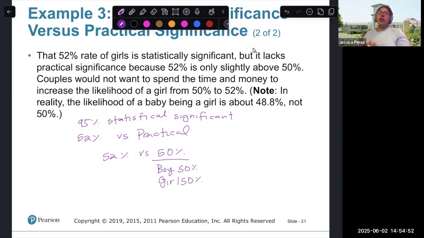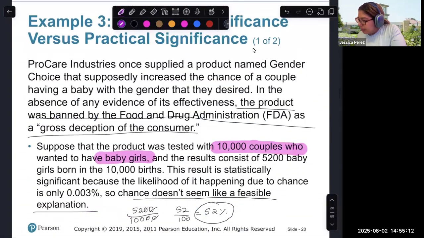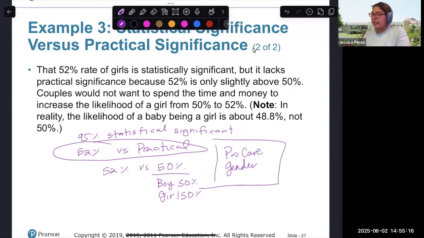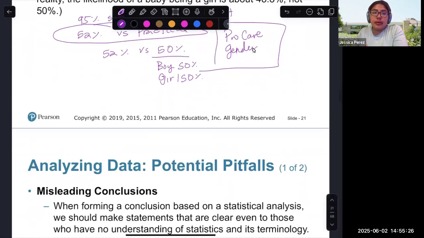So we have to look at the study in general rather than just the selection. When we're looking at statistical versus practical significance, it's only 2%, which doesn't justify spending too much money on this ProCare gender product. So the FDA will not approve it just by 2%, because there's still a risk of not having the sex that you desire.